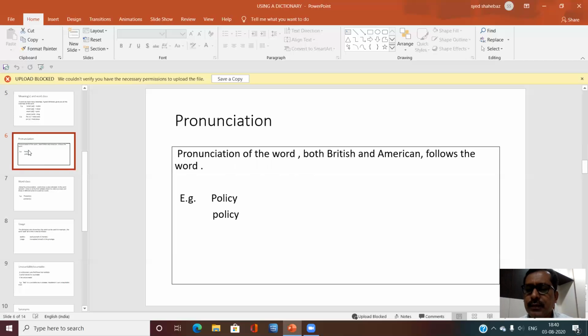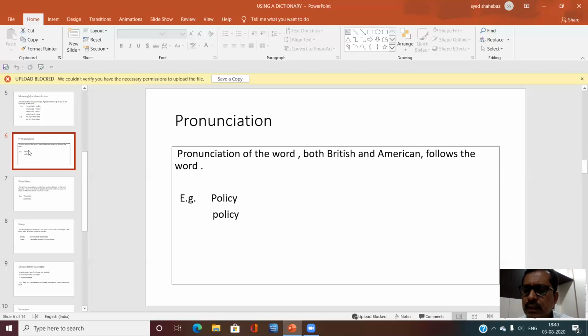If you play the CD or DVD on the system, there is no need to learn or refer to these phonetic symbols, because the pronunciation is played in audio form on the system. Both the British pronunciation and the American pronunciation are given beautifully in the audio clip form.